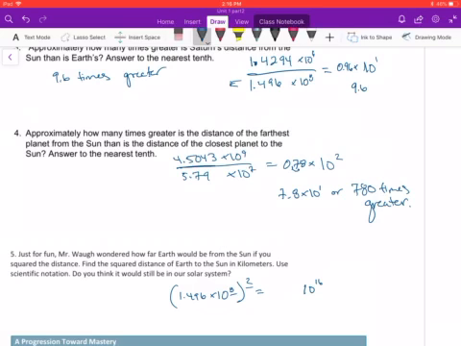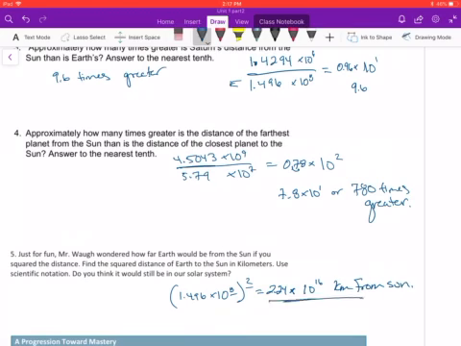And then I do 1.496 squared, and it gives me 2.238. So I'll say 2.24 times 10 to the 16th kilometers from sun if I squared it.